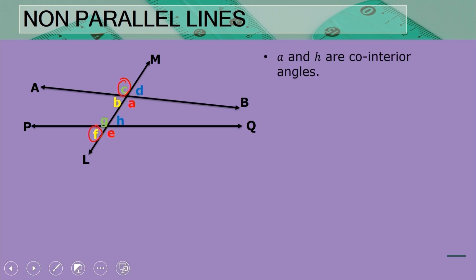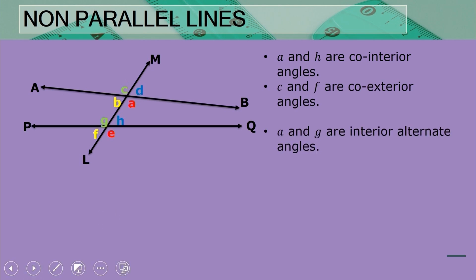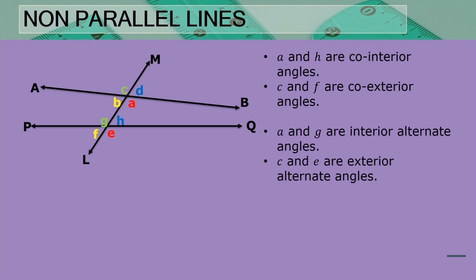So as shown there, we can see that angle A and angle H are co-interior, as we have just discussed. Then angle C and angle F are co-exterior. Then we have angle G and angle A, they are interior alternate. Then we have angle C and angle E, and they are exterior alternate, as we have just discussed.